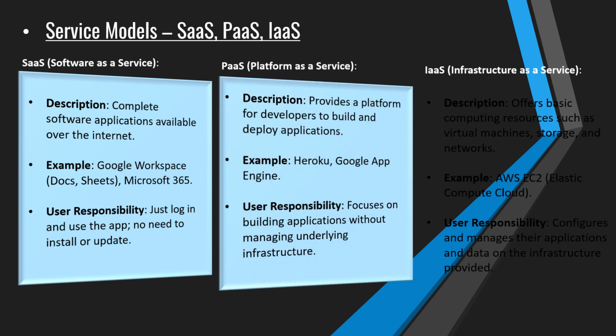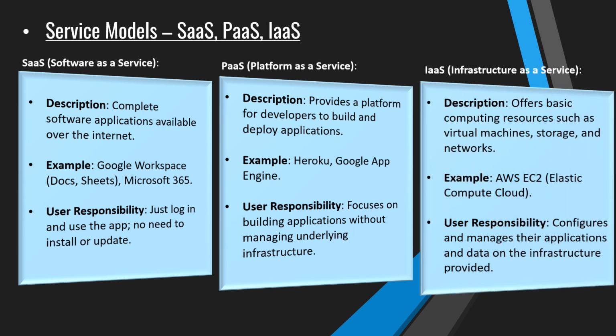Now, what is PaaS? PaaS stands for platform as a service. It provides a platform for developers to build and deploy applications. A platform as a service gives developers a complete environment to create applications without worrying about the underlying infrastructure. For example, Heroku lets developers deploy apps quickly.